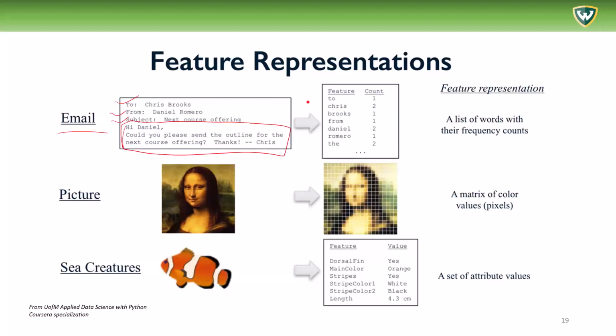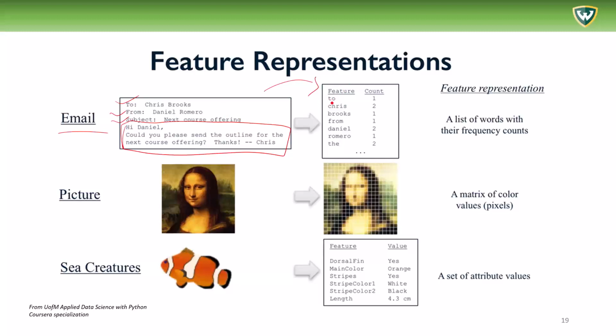And then what can we do to represent this as data to fit into the model? Well, actually, we can create a data frame like we have worked with before. And each word may be a feature in the data frame.